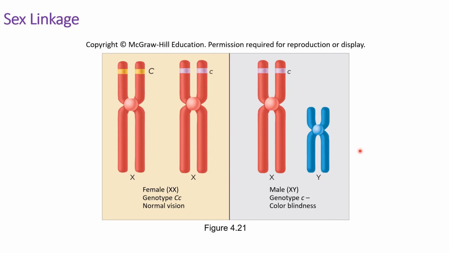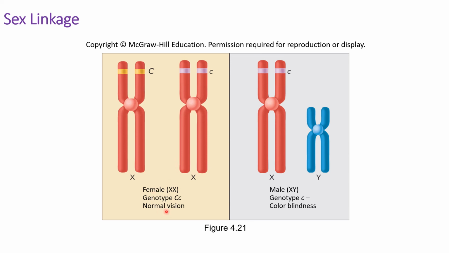And here's a sort of a visual of that, right? So let's say we have our female. This is really an example of color blindness, right? So here is mom, and of course, she's got 2 X chromosomes. All right, and then up here is the locus or location for the allele for whether or not a person is color blind.